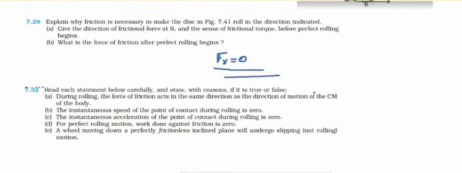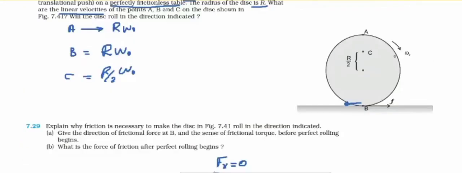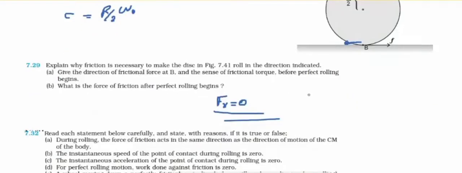So at the starting, the friction is acting like this. When the disc is rolling in this way, the friction is there when the motion started. After the motion started, suppose again friction is present, then definitely the friction will oppose the motion. Now here the question is rolling motion, force of friction acts in the same direction as the direction of motion of the center of mass of the body.